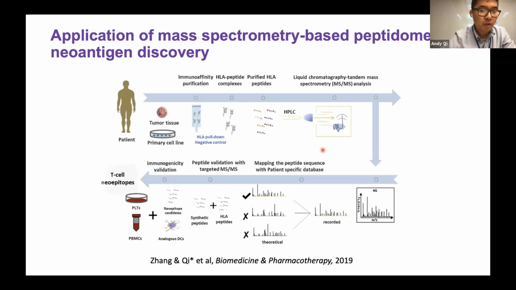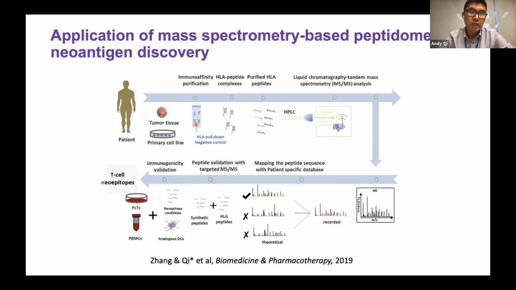I would like to start off with a review we wrote about 2 years ago. In this review, we lay out the perspective of applying mass spectrometry based proteomics to identify neoantigens.